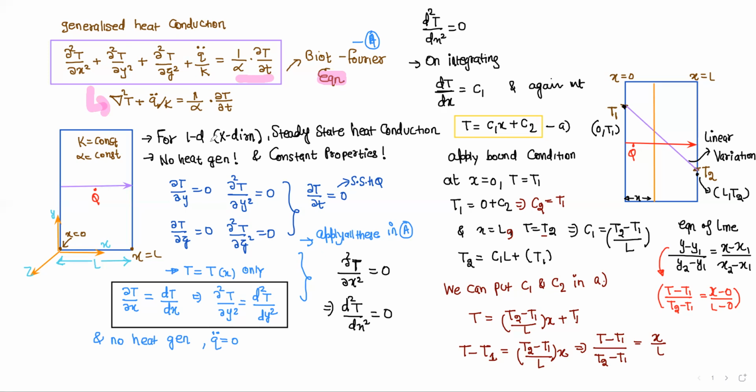Since temperature is changing in x direction only, the temperature gradients in y and z direction are zero. For steady state, dou T by dt is zero. So the temperature is varying only in x direction, and we can write the partial derivative as the total derivative.